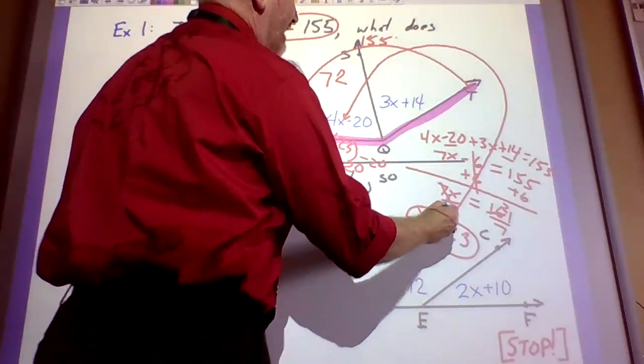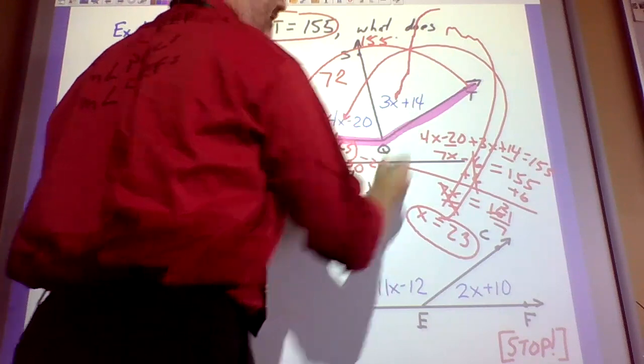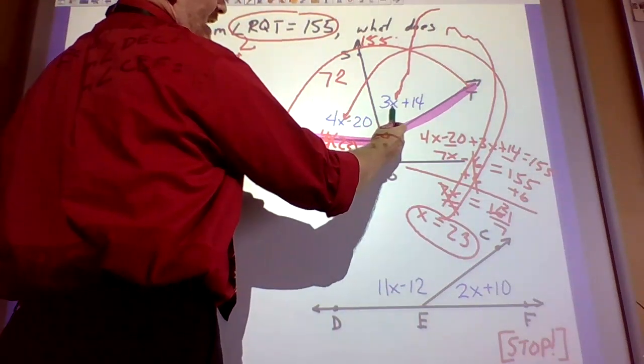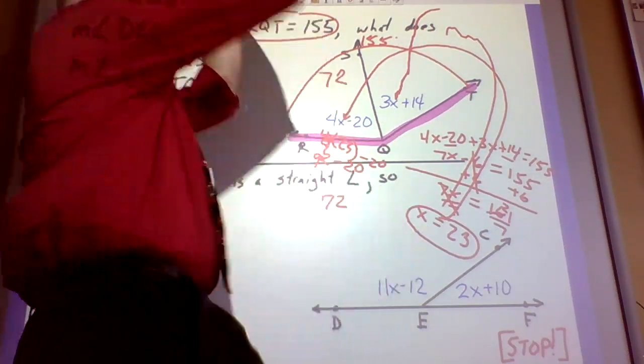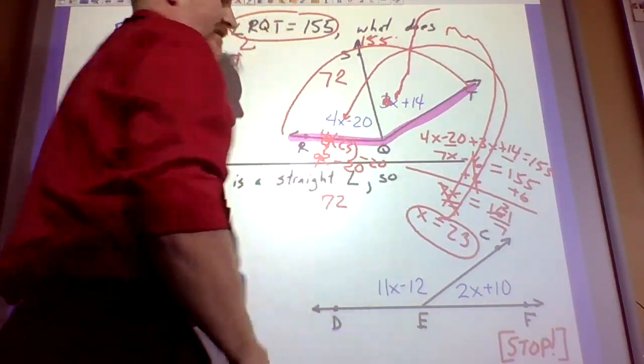I'm going to take x, and I'm also going to put it right here. So 3 times that, 23, Jordan, would be 69. And, sorry.